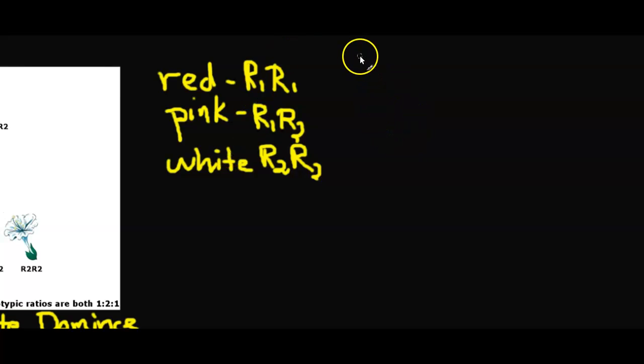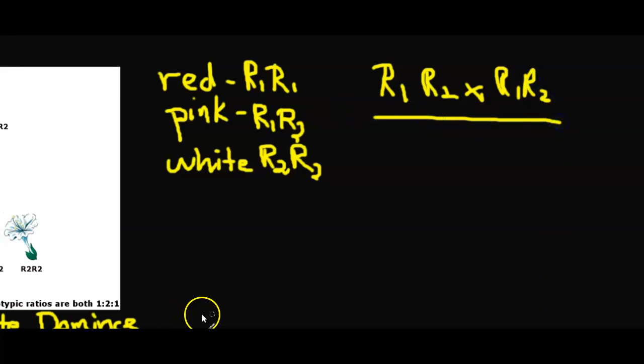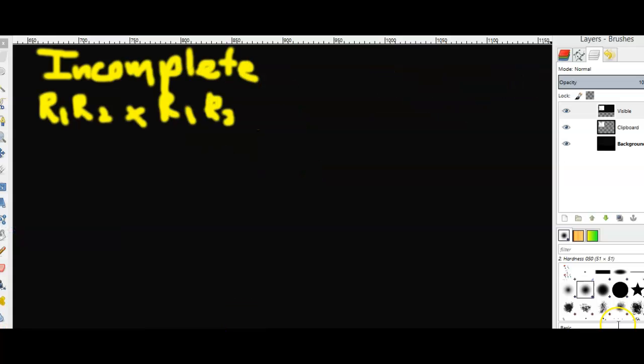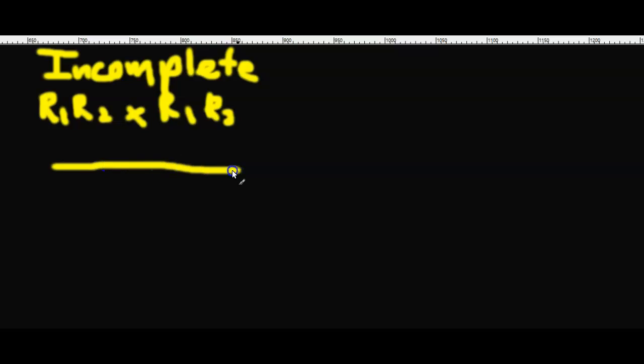Let us cross a heterozygous. Let's do a heterozygous cross. R1, R2 times R1, R2. Okay. So let's do a heterozygous cross. Let's set up a Punnett square here.